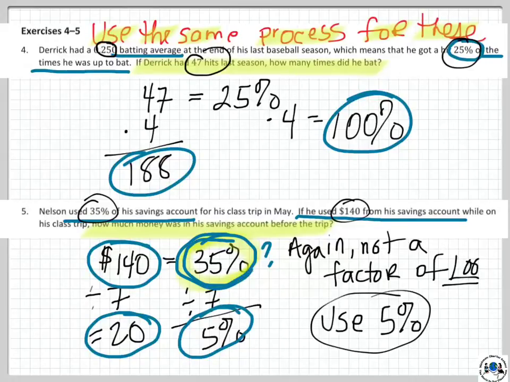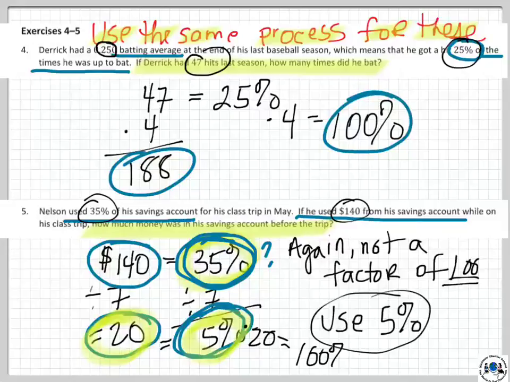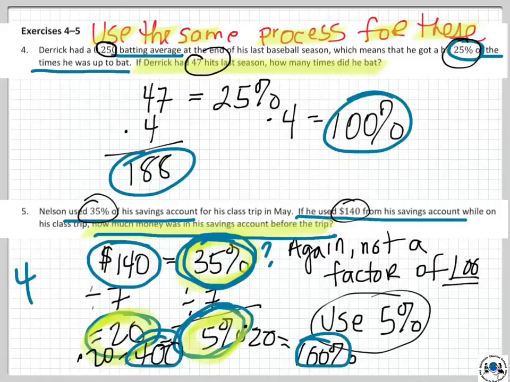You can't do it mentally with the 35 because it's not a factor of 100. But mentally, we can do it with the 5 because we know it is a factor of 100. We multiply by 20, and we get 100% equals $400. So Nelson had $400 in his savings account before the trip.